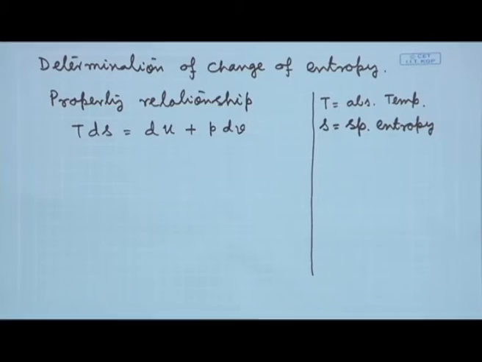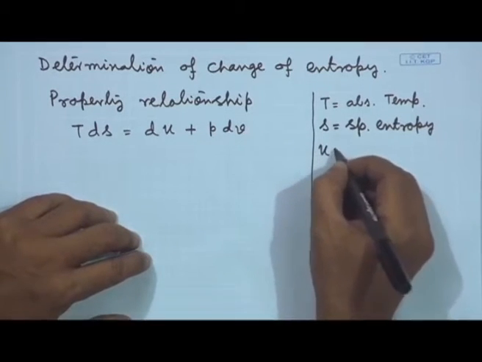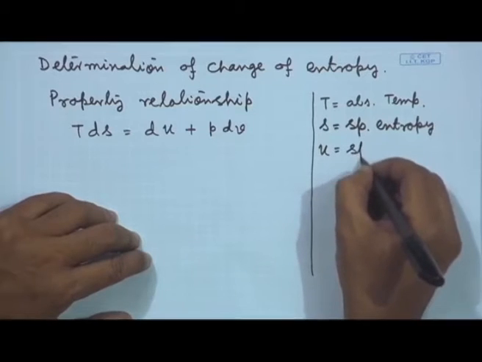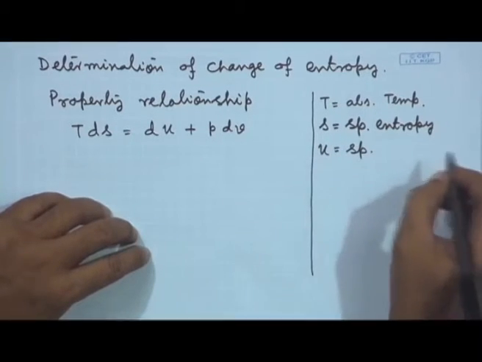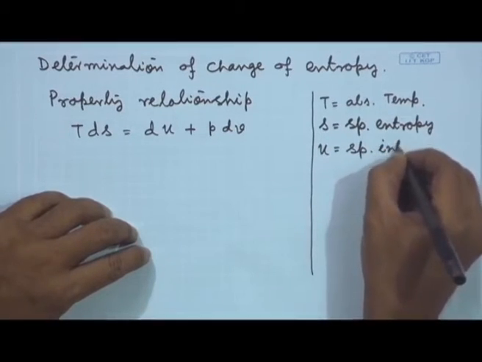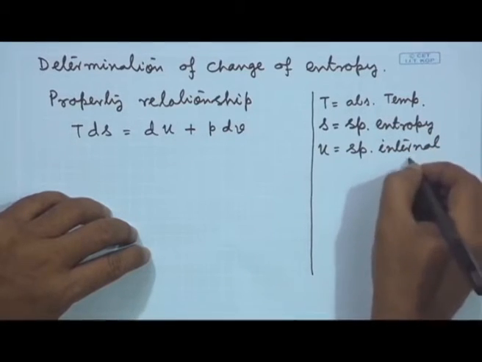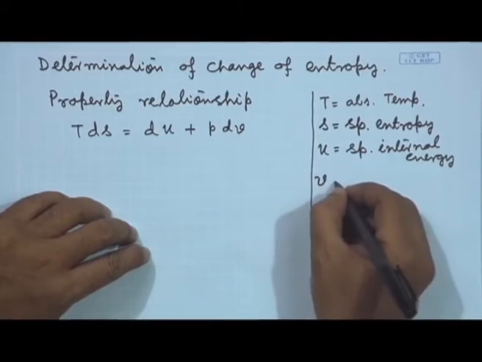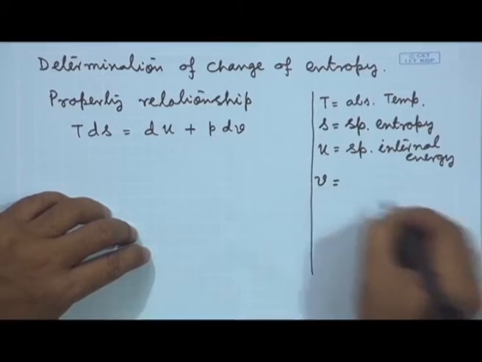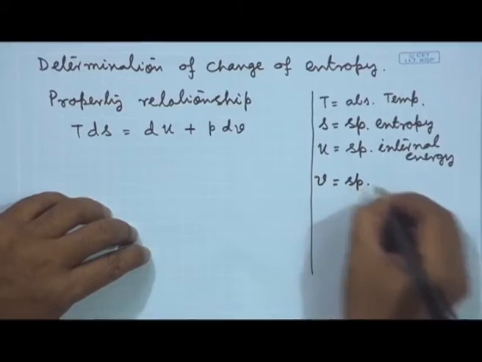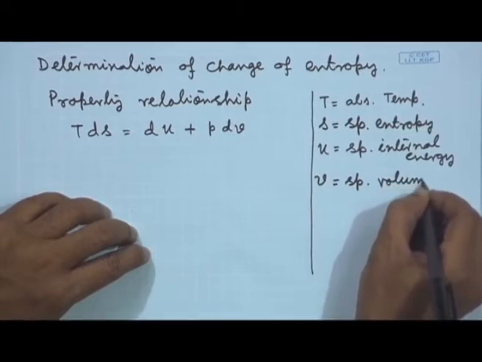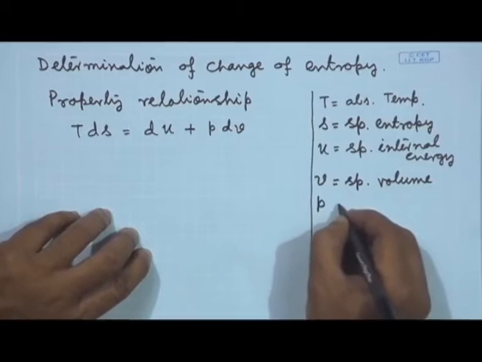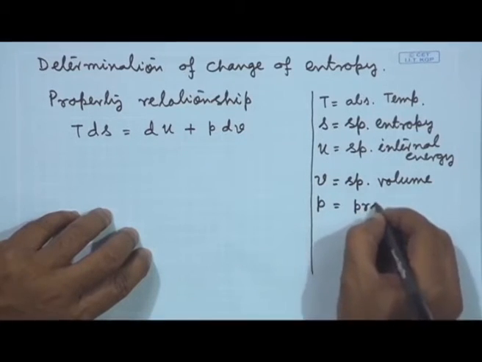These are specific properties. s is the specific entropy, u is the specific internal energy, v is the specific volume, and P is the pressure.